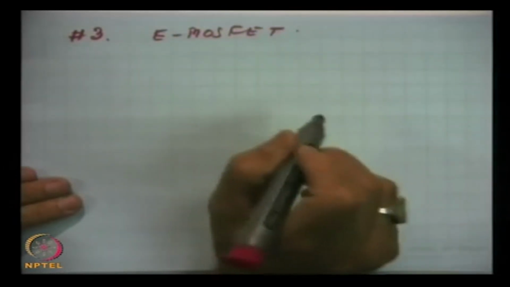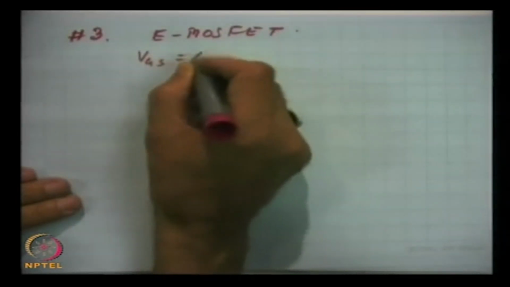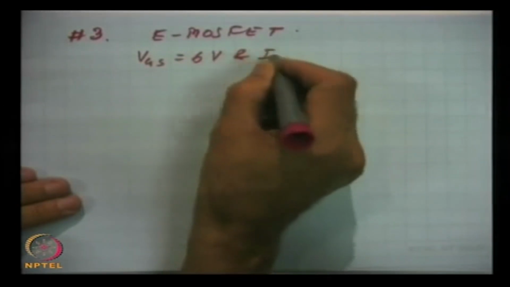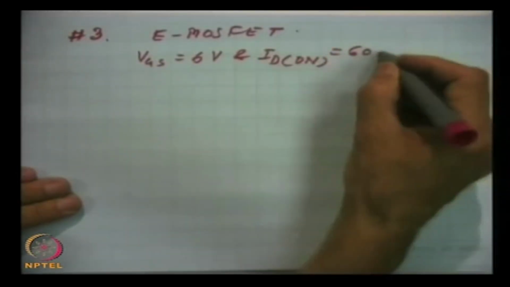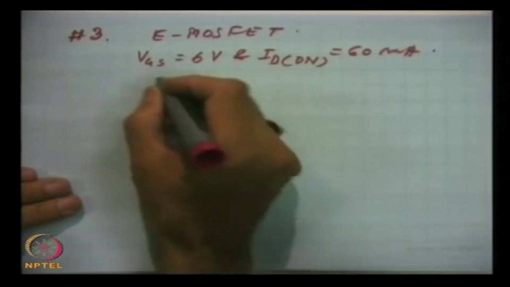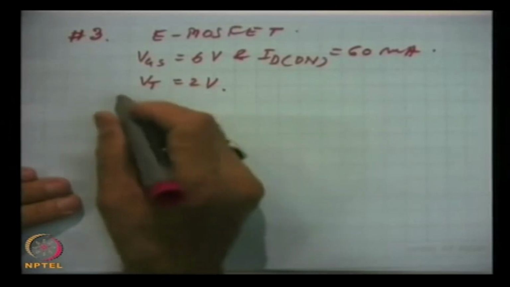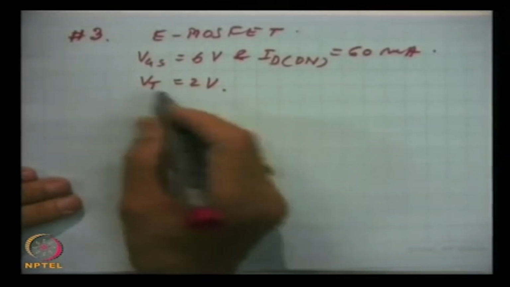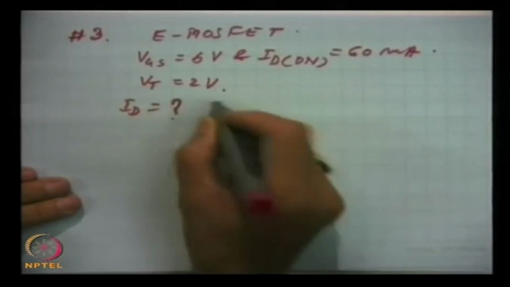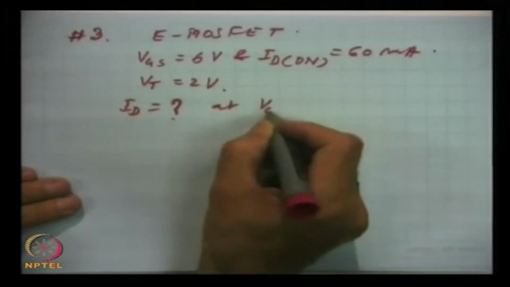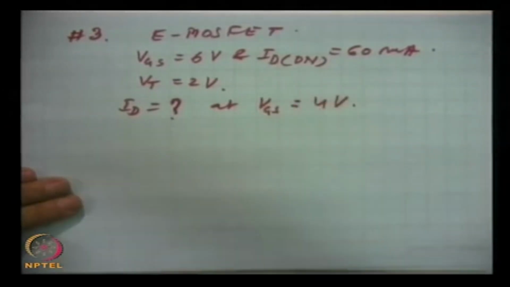The data sheet specifies VGS as 6 volts and ID on as 60 milliamperes, VT as 2 volts. Determine the drain current. Drain current we have to find out at VGS equal to 4 volts.